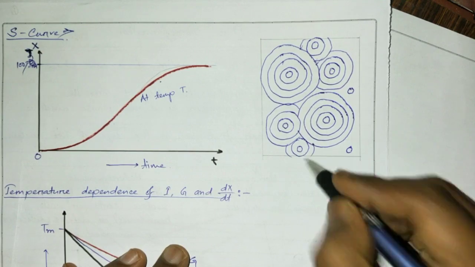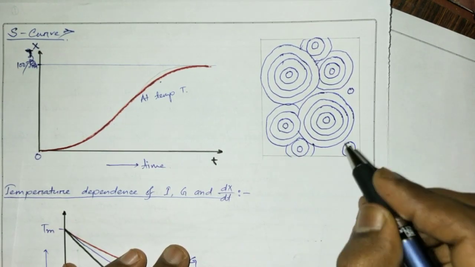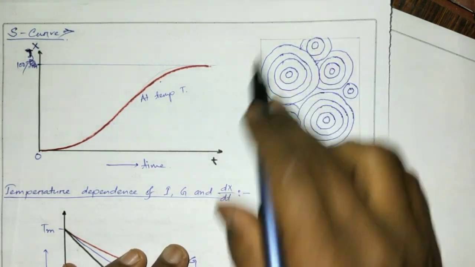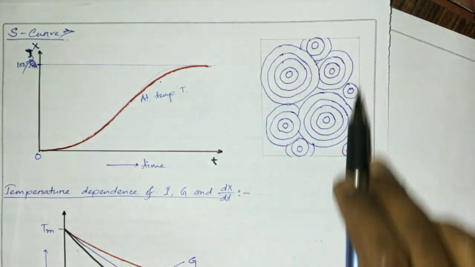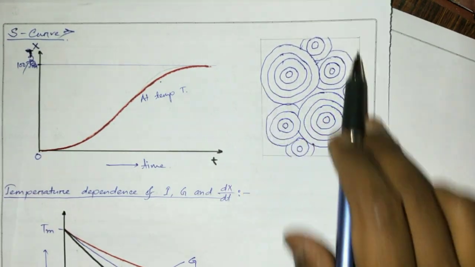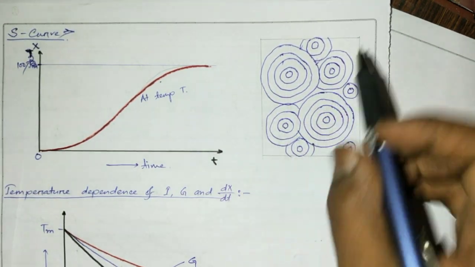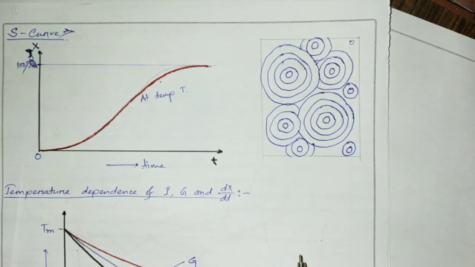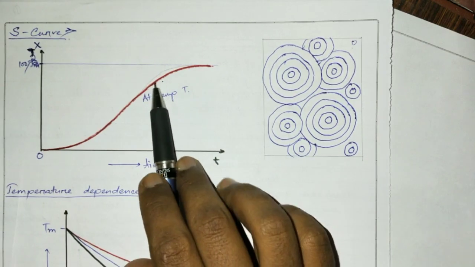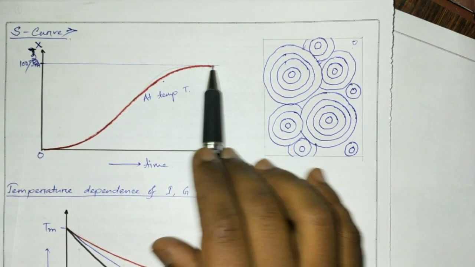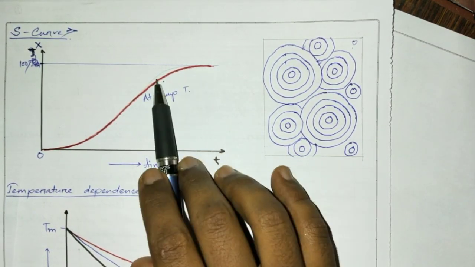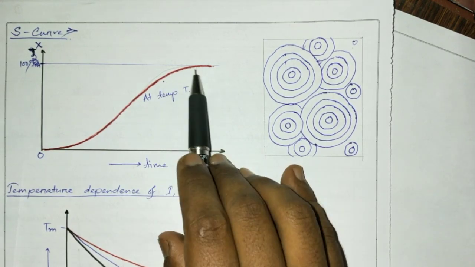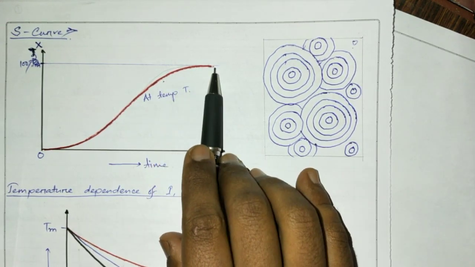So the growth decreases to some extent, and on the other hand, there is far less liquid volume where new nuclei can be formed. So new nucleation also does not take place, and as a result, during the finishing phase, when the transformation is almost complete, we see that the rate of transformation again decreases.